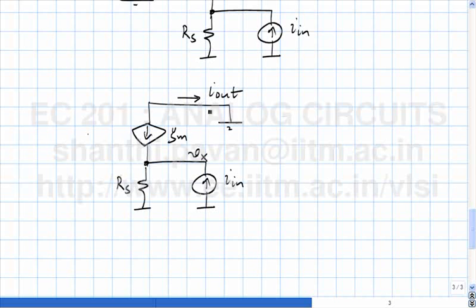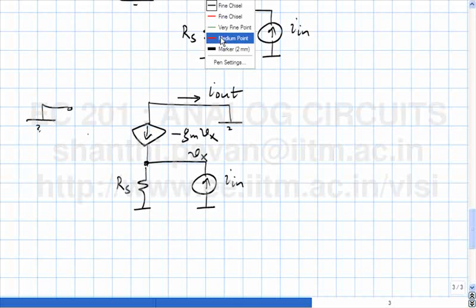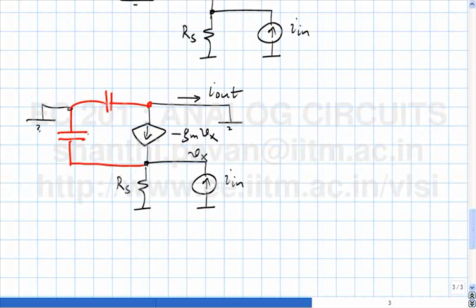I call this Vx. So what should be the strength of the current source? It's minus GmVx. And let's now add in the parasitic capacitances of the MOSFET. This is CGD, this is CGS, and this is CSB.